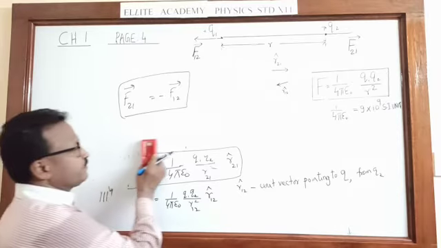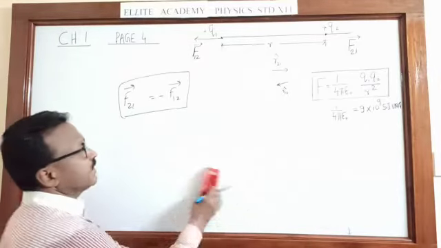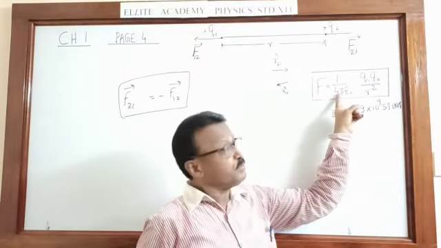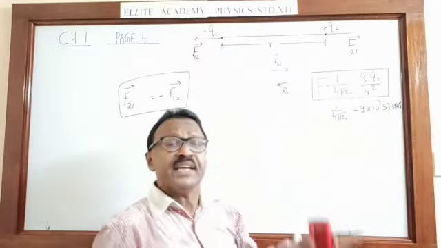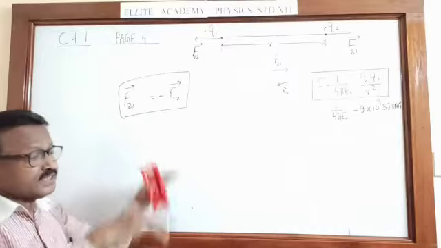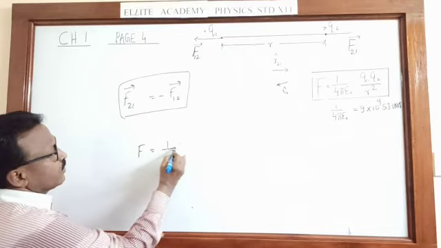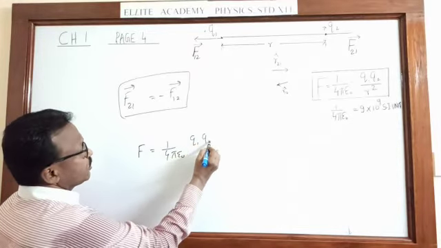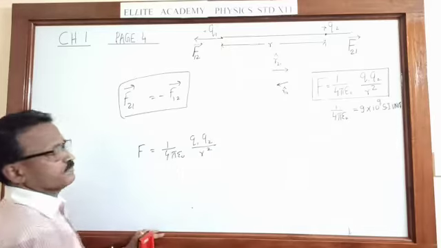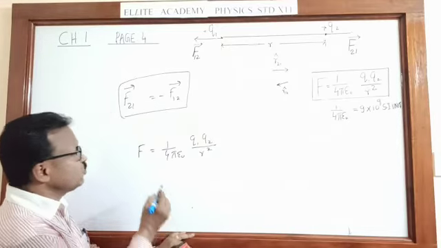I sum up and write the equation. This is straight the equation, the mathematical expression for the formula. Everybody knows this is the formula. Express it in vector form. Today's discussion, only one equation. That means F will be 1 upon 4 pi epsilon 0 Q1 Q2 upon R square. I want to write it in vector form. I can select F12 or F21.